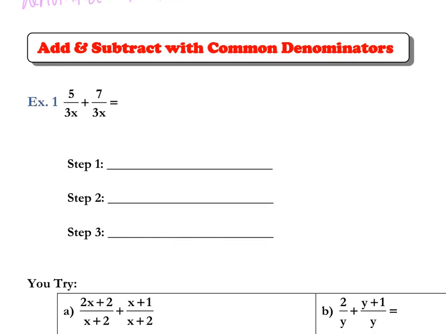So the first thing you need to ask yourself is, is there a common denominator? Okay, if there is a common denominator, you can go ahead and go right to step 2. If there's not, we've got to do some work, which I will show you in a little bit.